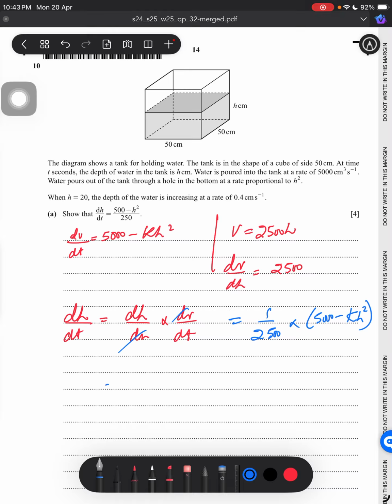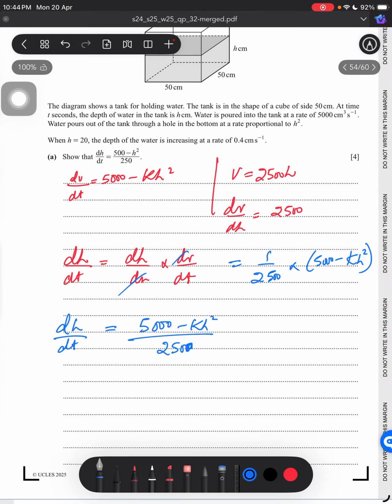So you would have dh/dt equal to (5000 minus k square root h) over 2500. So h is equal to 20 and dh/dt is equal to 0.4.